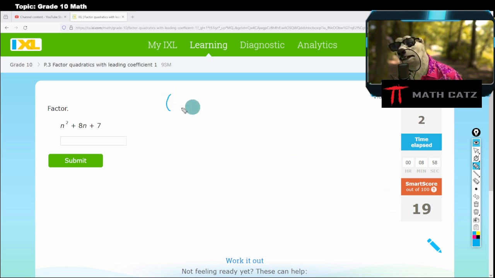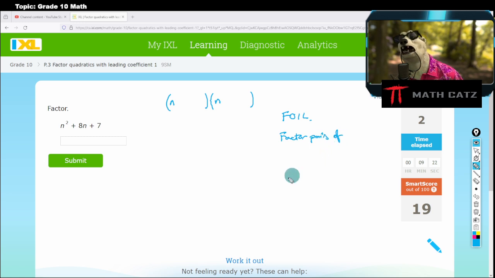Let's see. Building two brackets, thinking of foiling in reverse. I have to start with an n in each. Now I'm looking at factor pairs. Of course, in a video like this, we can't cover all the different options.